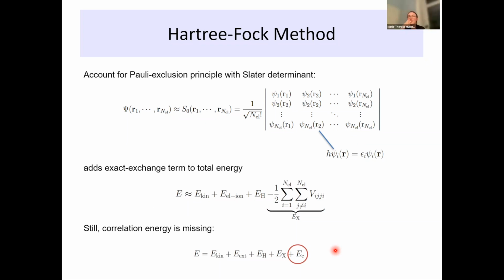Mm-hmm. So in RPA, to what level are correlations then? Or I mean, okay, to the level of RPA, but what does that entail, to have correlation effects included up to the level of RPA?